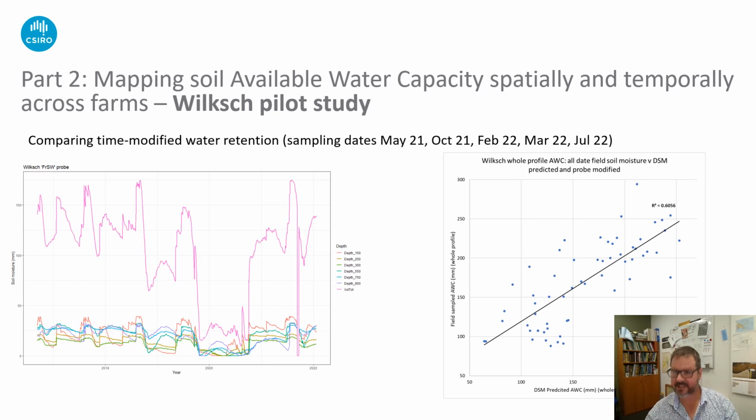We're actually getting a strong relationship. So the story is different here for some reason on the Wilksch property. We're predicting across time using the signal from the probe better for Geordie's farm than Dan's.